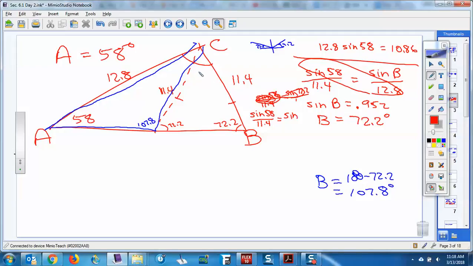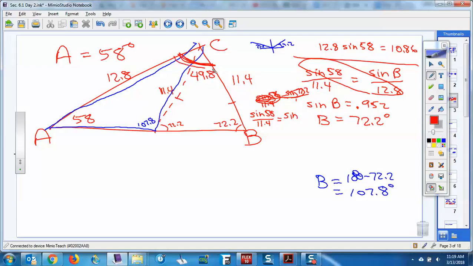How much is that? 49.7. There we go. 49.8.